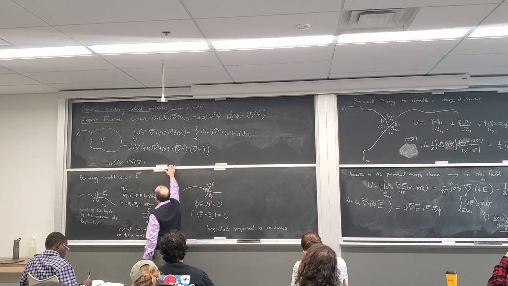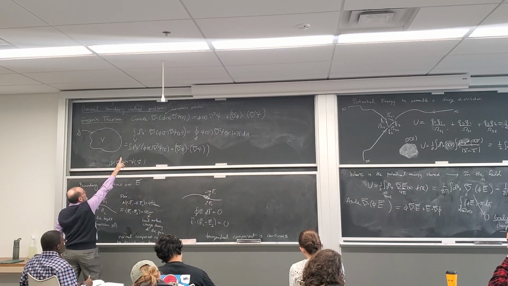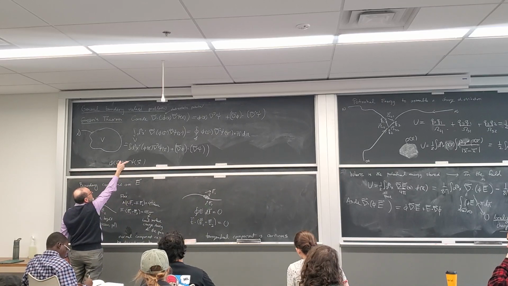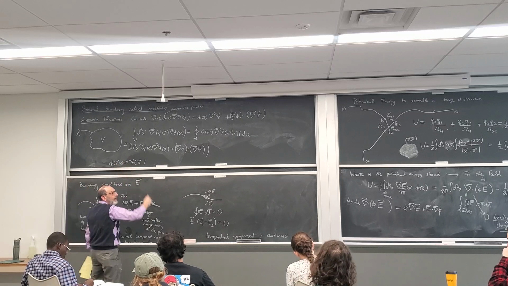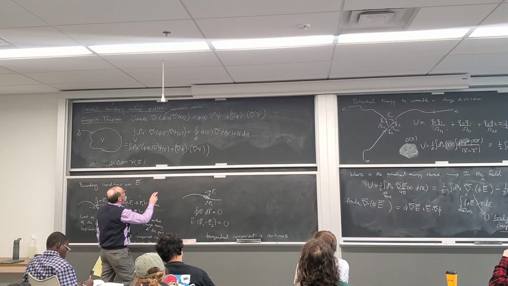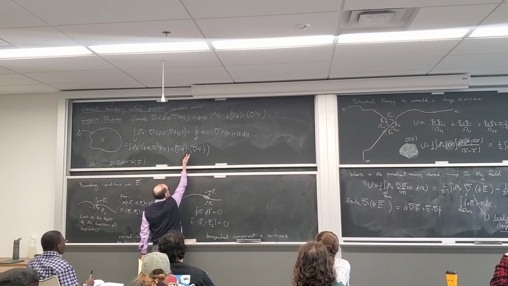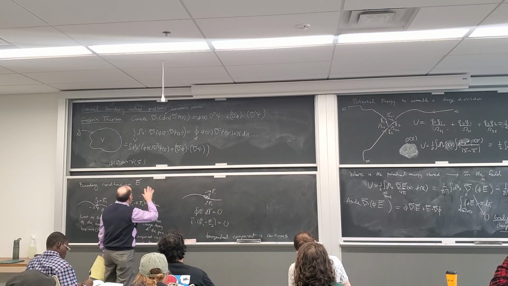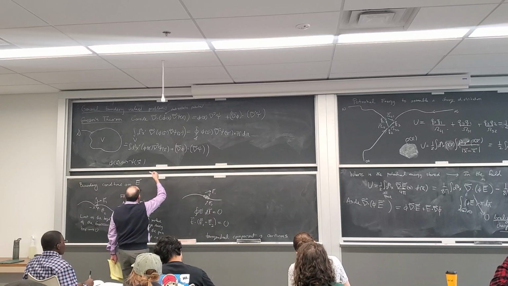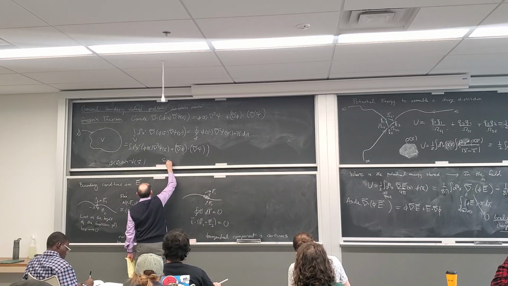If I just call psi phi and phi psi, I'll get the same expression, but with phi and psi flipped. And what we see is this thing is symmetric between them, so I can take those two solutions and subtract them.